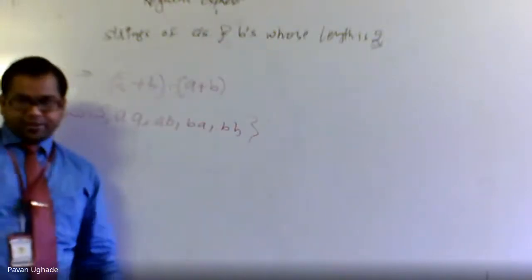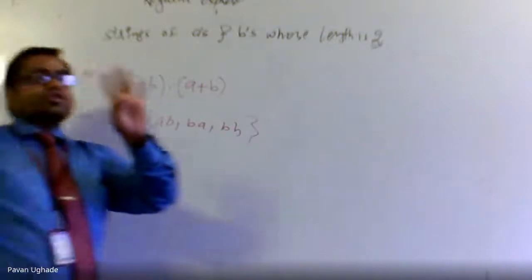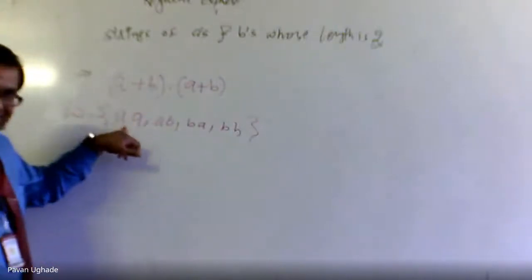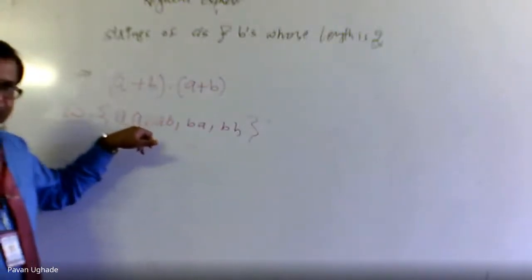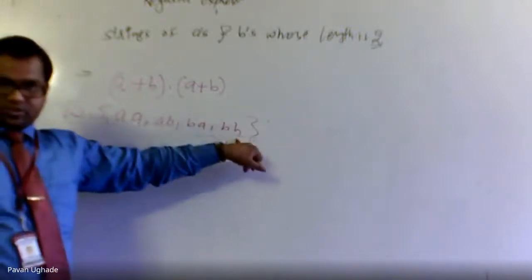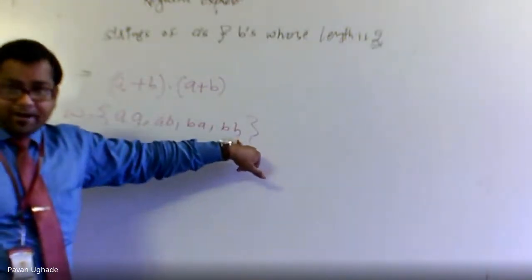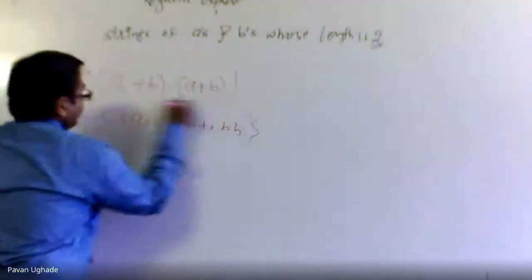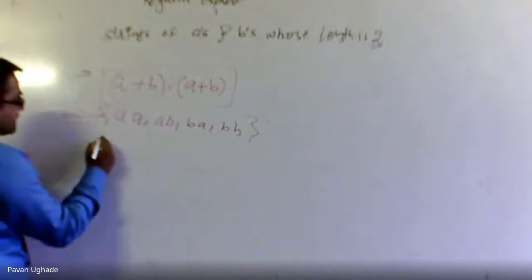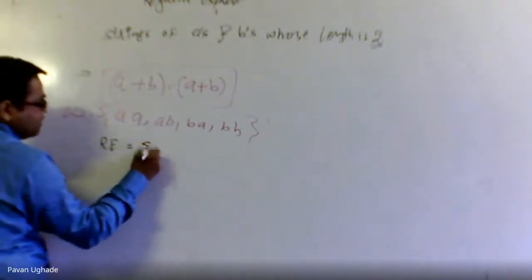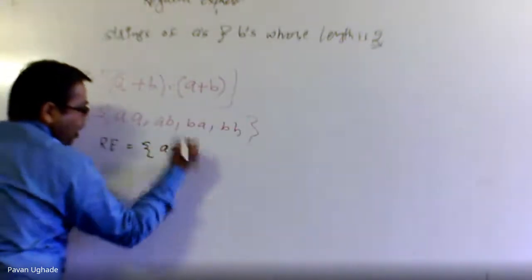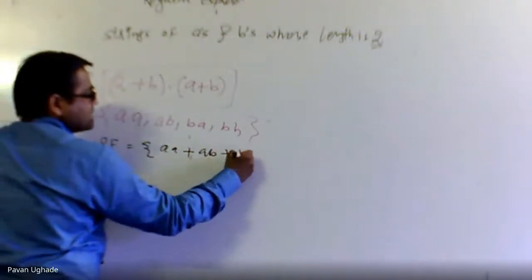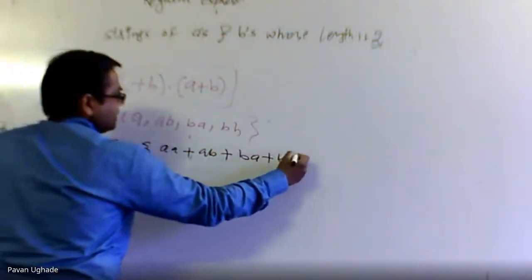These are the strings which are possible with the length 2 over A and B. Now how are we going to write this? The four strings are possible, so either this or this or this or this. You can represent this as your regular expression equals AA plus AB plus BA plus BB.